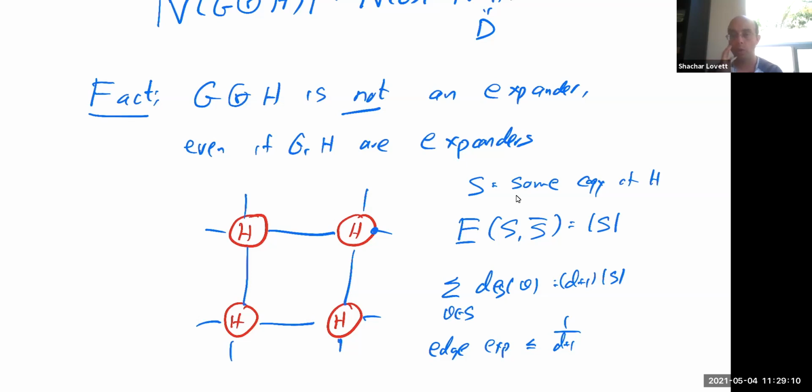Good intuition: think about this G squared that we saw before, where we take 2 steps in the graph and it improves expansion. Here, forcing it to go outside H will help us improve expansion. It's going to have some part that's random, but some part that's deterministic and forces you to go outside H. That's the idea of zigzag.